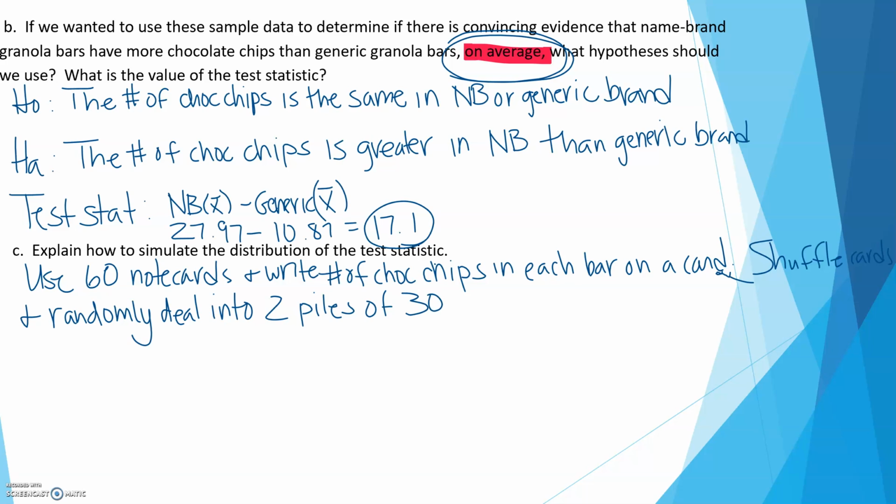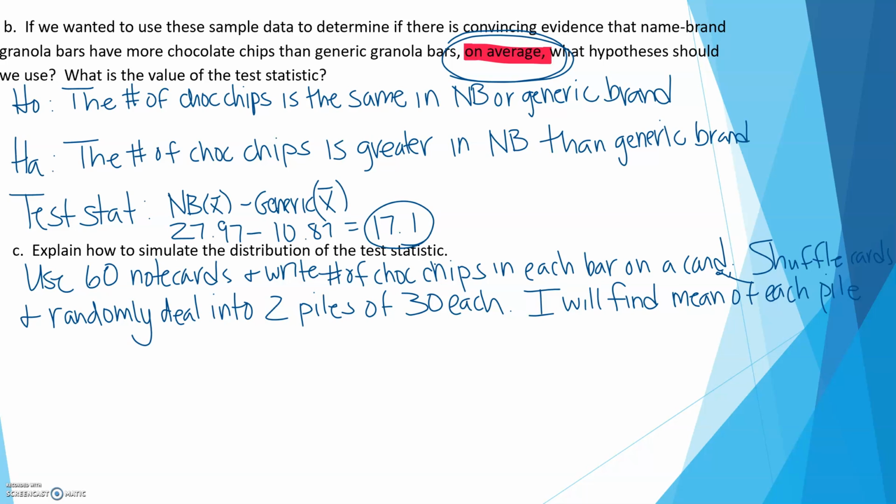Hopefully you were thinking that. Right? 30 to represent the name brand, 30 to represent the generic. All right? Find the mean of each pile. Find the average. Find the mean of each pile.